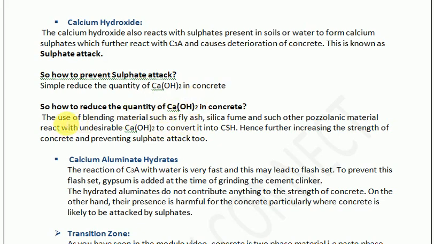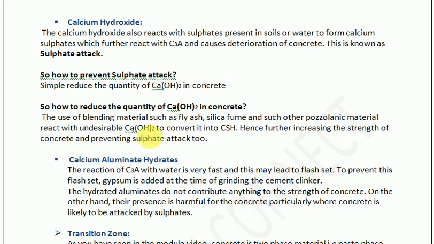The use of blending materials such as fly ash, silica fume and other pozzolanic materials reacts with undesirable calcium hydroxide to convert it into CSH gel. Hence it further increases the strength of concrete and also prevents sulfate attack.